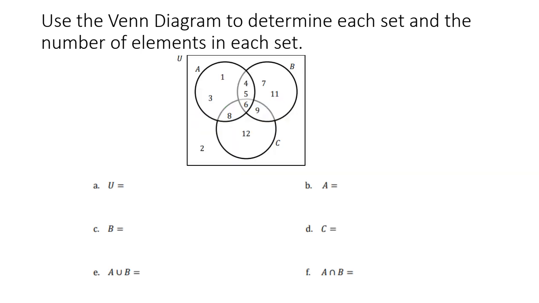All right, so let's try another one with 3 circles. Here we have 3 subsets, A, B, and C. We want to find U. Remember that U is the universal set.